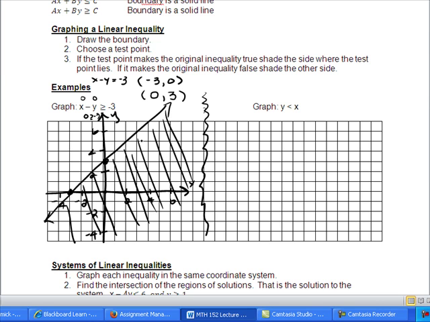Okay, next one, we want to graph y equals x for our boundary. Let me get my x and y axes in here.